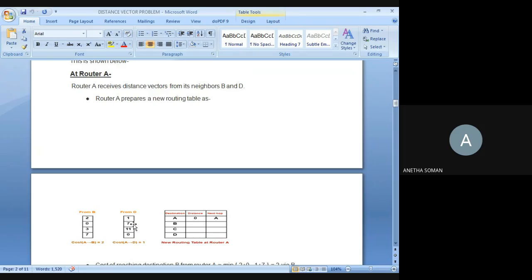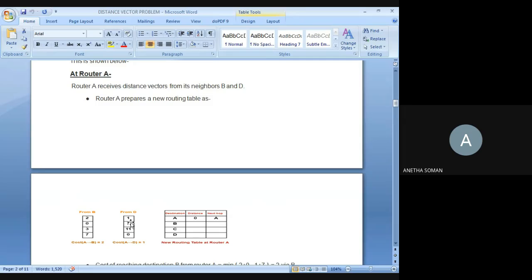Okay. Now, what is the first thing? Just write down cost of reaching destination B from router A. Now, how will you find it out?